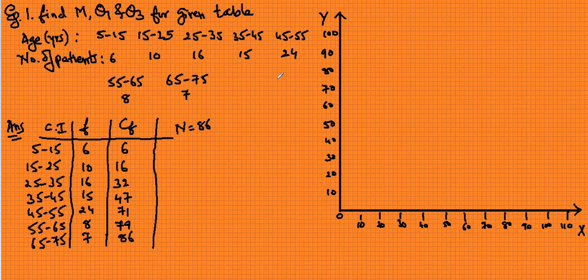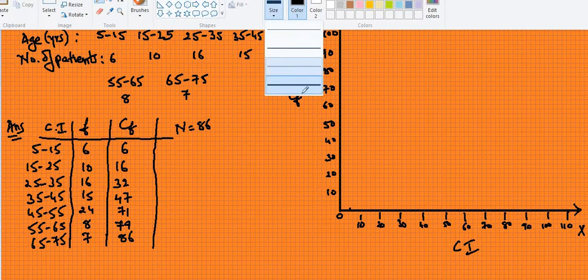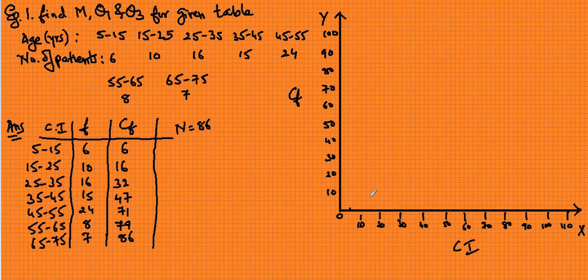We'll write down what we have taken for the y-axis: cumulative frequency, which we'll mark as cf. And for the x-axis we have taken class interval. Now for 5 it is 0. For 15 it is 6. Okay, let me take a pencil of a different color. For 15 it is 6. Then 25 it is 16.